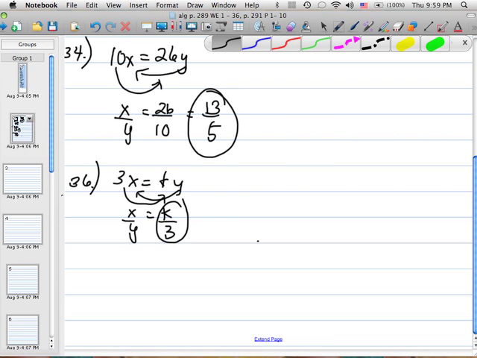On page 291, we're doing ratio word problems. So number 2, find two numbers in the ratio of 3 to 7 whose sum is 50. If I add 3 plus 7, that does not make 50, so the common ratio factor's been taken out, or simplified. x equals the common factor.